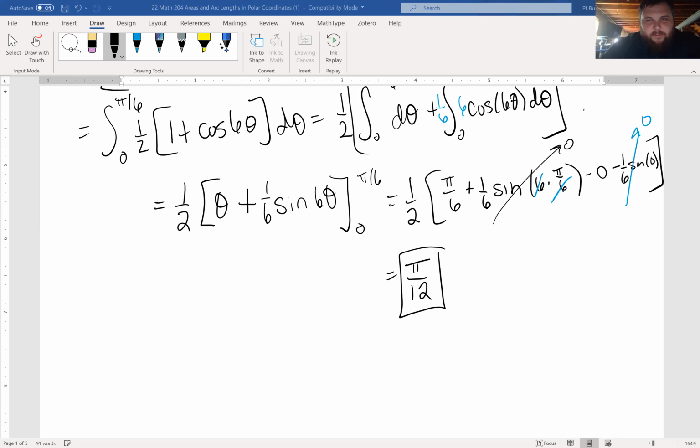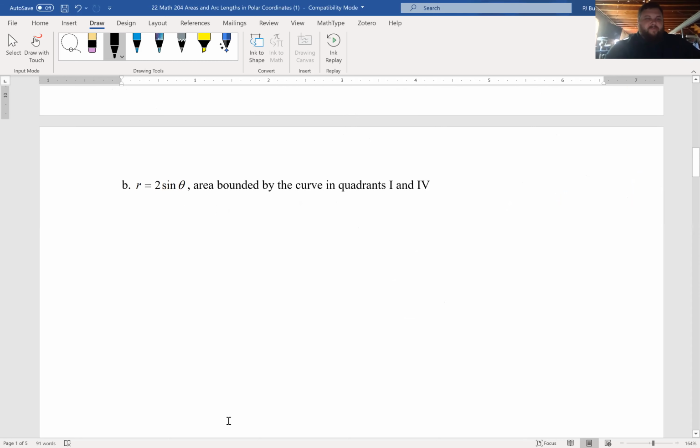This one doesn't look too terrible. It's a quick calculation. All right, I think maybe I'll do 2 more of these, one of the arc lengths, and then let you try one of each. So I'm going to leave that one.